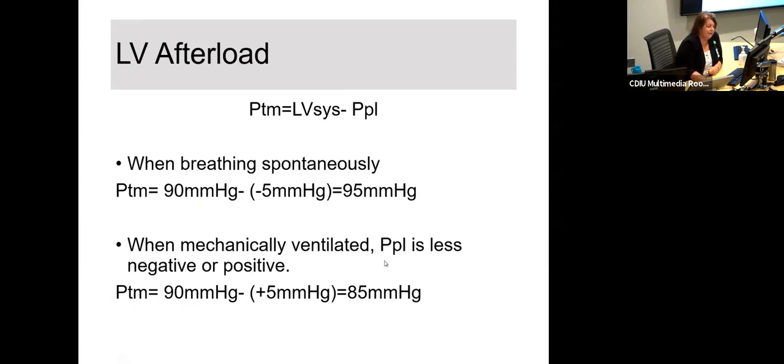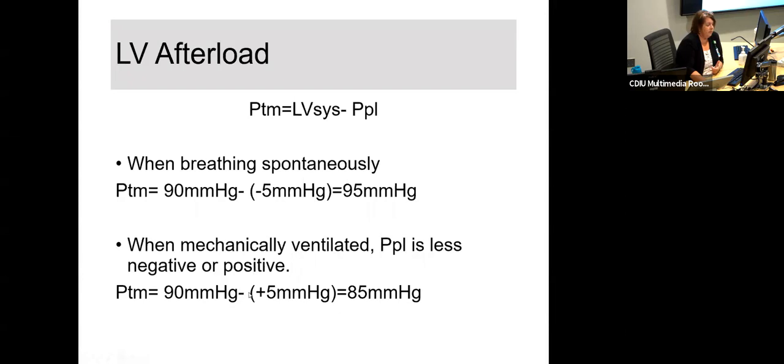When I'm mechanically ventilated, my transmural pressure is less negative, or often it's positive. So let's say my left ventricle squeezes and generates a pressure of 90 millimeters of mercury. But there's already 5, we'll call it, millimeters of mercury of pressure within the thorax.